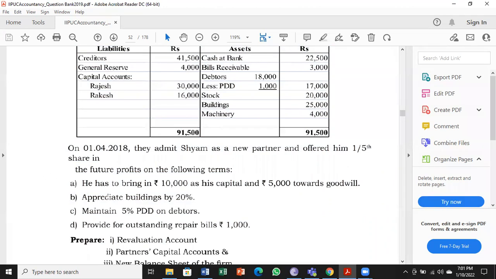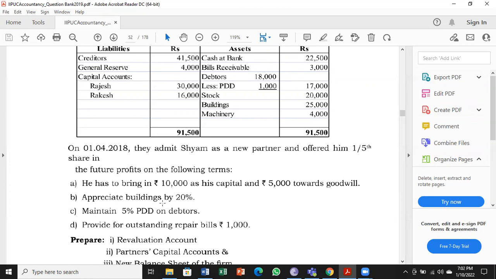A, he, the new partner, has to bring in rupees 10,000 as his capital and rupees 5,000 towards goodwill. So along with the capital, he has to bring in rupees 5,000 for goodwill. That is in the form of cash only. Nothing is mentioned, so it is in the form of cash itself.